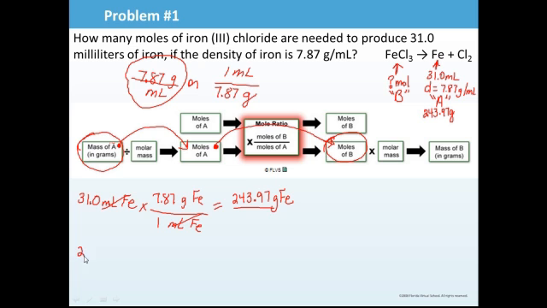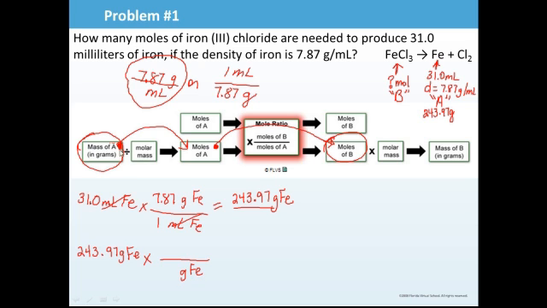So that's my new starting point, 243.97 grams of iron. And now I'm here on my stoichiometry graph. So I'm going to put my X, I'm going to put my line. Whatever unit I start with, that's the unit that goes down here. Be nice if we were already finished, right?